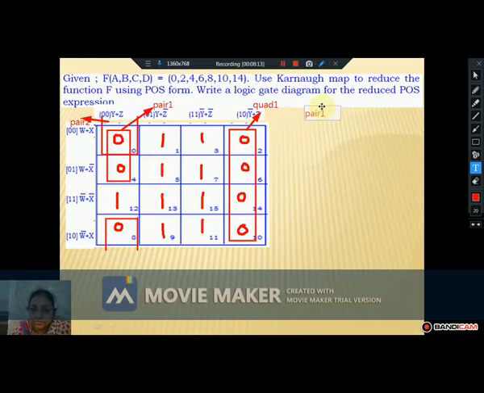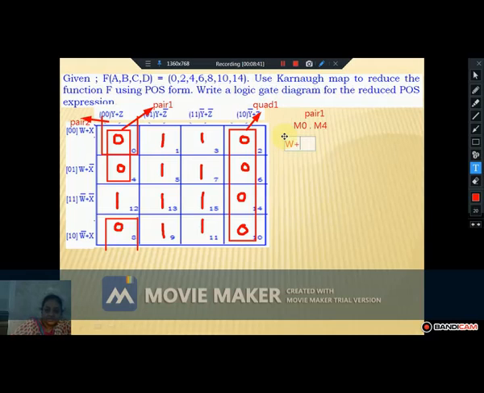Pair 1 is M0 and M4, M0 ANDed with M4. Let's write the expression for M0.